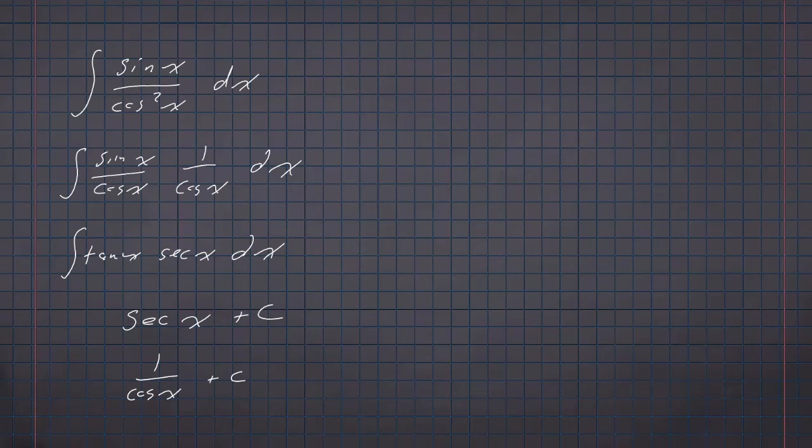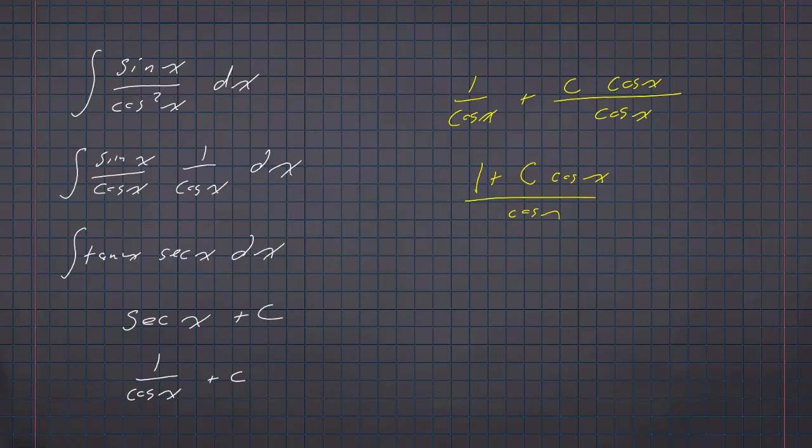They realized that I can take c and turn it into a fraction, multiplying top and bottom by cosine x. And then I have common denominators, and I can add across the numerator, and write this result as 1 plus c times the cosine of x all over the cosine of x.